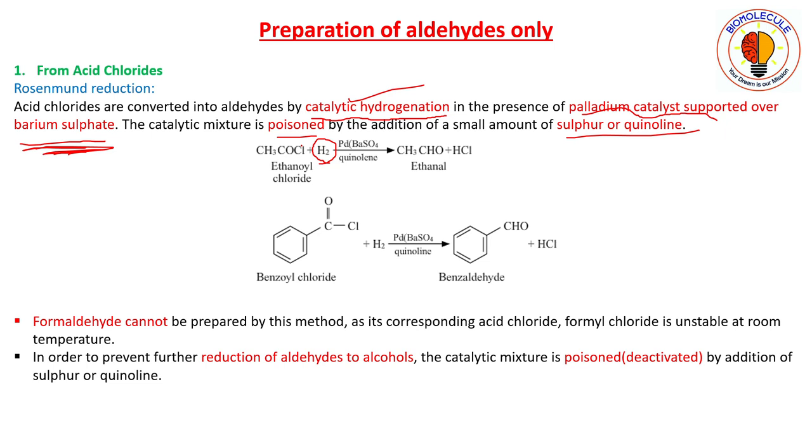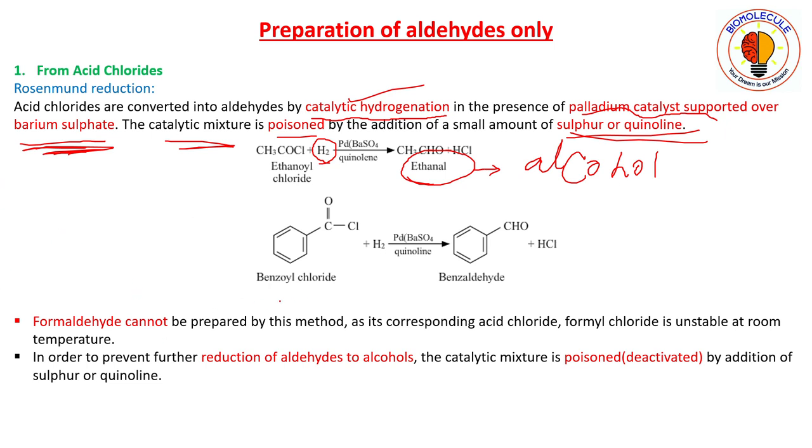If the catalytic behavior of palladium is highly increased, then it will reduce this aldehyde further to alcohol, and we don't want that. So we poison the catalytic mixture by adding a small amount of sulfur or quinoline, so we can stop the reduction at the aldehydic stage.